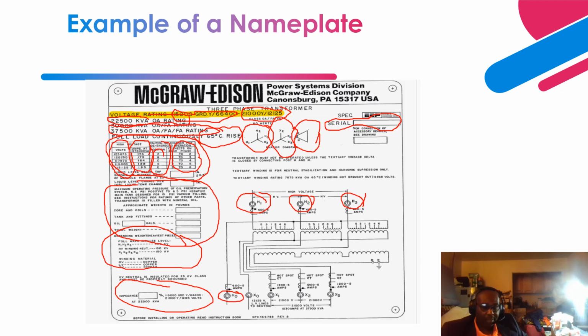As you can see over here, this is the neutral that is grounded. Then we have phase A, phase B, phase C CTs that are located below, where basically they encapsulate the bushings. Yeah, basically the bushing goes through the center of those CTs.